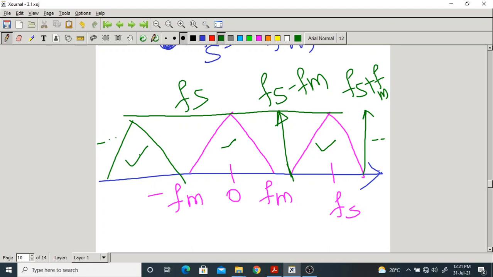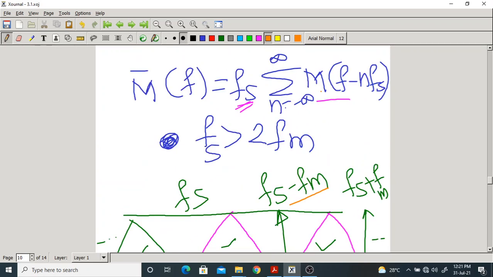It continues like this. But remember, there is a gap between them. So this point is Fm. This point is Fs minus Fm. There is a gap because we assumed that Fs is more than 2fm. That is case 1.